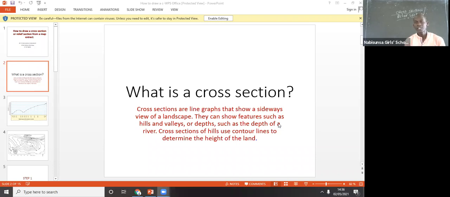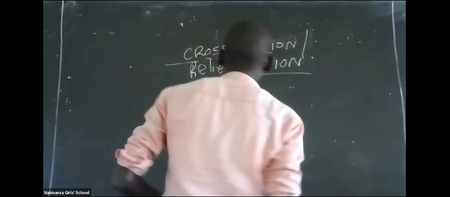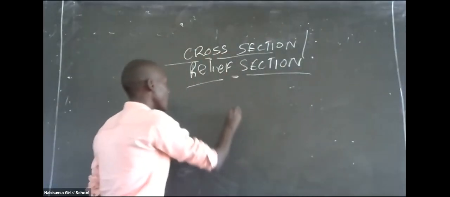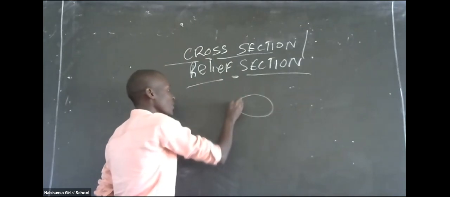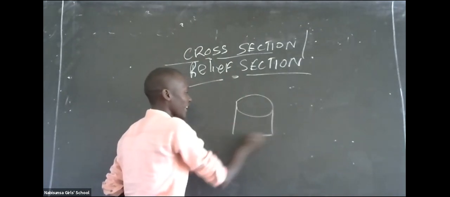Yeah, thank you, Aile. When we talk about a cross-section, we are going to see whether you're on the hill, in the valley, or where. Let me take you to the blackboard. Sometimes they give you a cake, I don't know whether I know how to draw a cake.